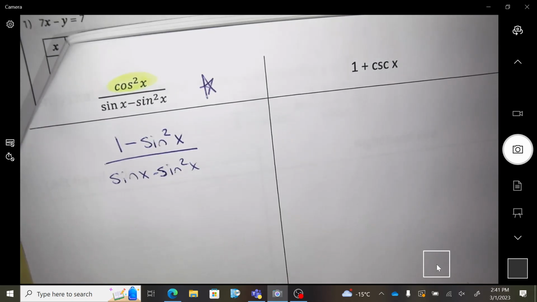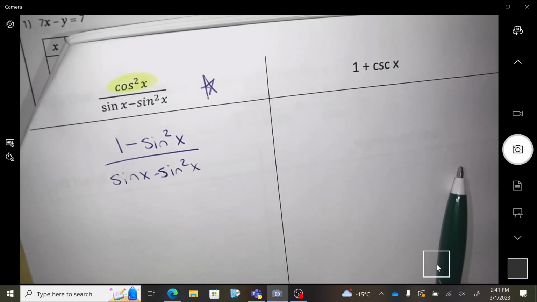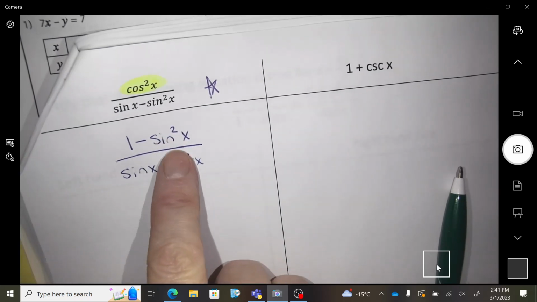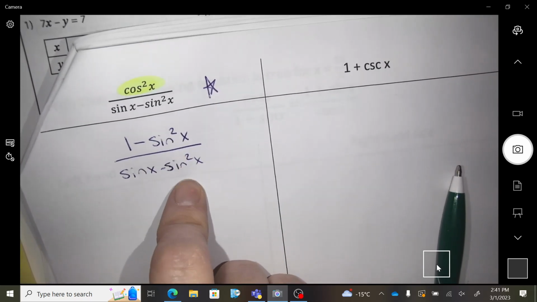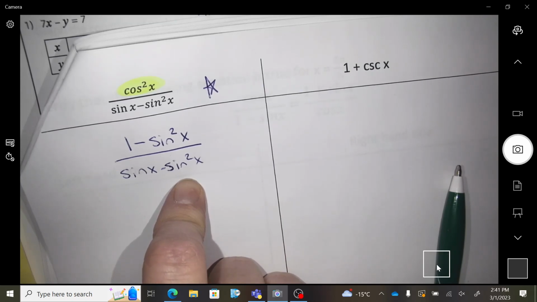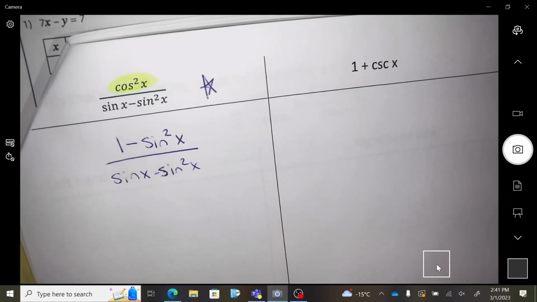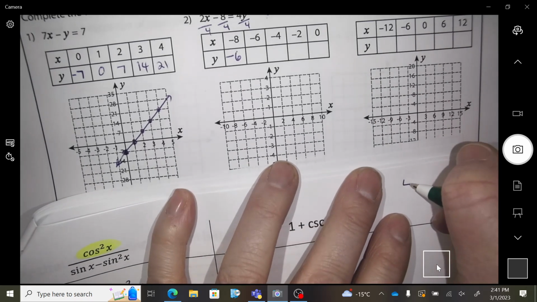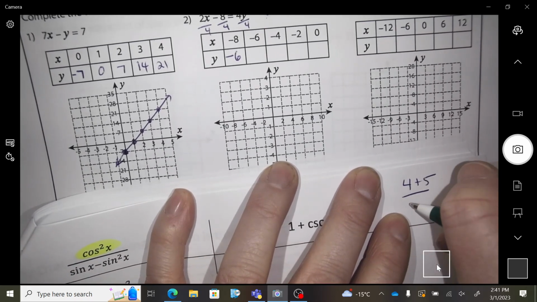Okay, I'm going to tell you a big common mistake. Please don't ever do this. I have people who try to cancel the sine squareds. You cannot do that. You can only cancel something when it's connected with multiplication. Do you remember me kind of explaining like this?